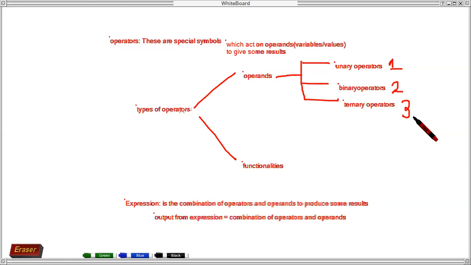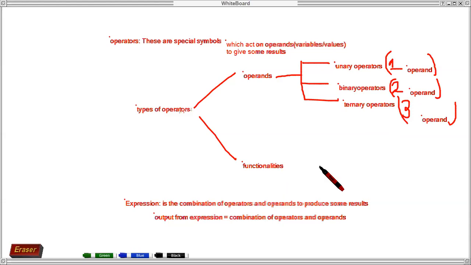No, it's not operators, it is one operand, two operands and three operands. So on the basis of one, two and three operands, the different types of operators have been categorized in Java programs. We will come to the details and discuss it also.